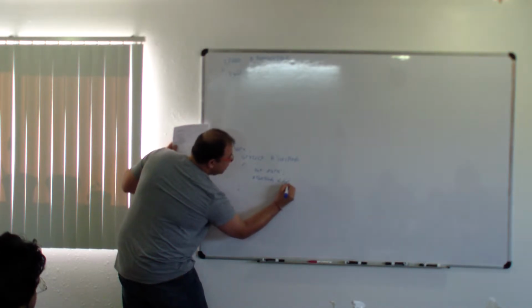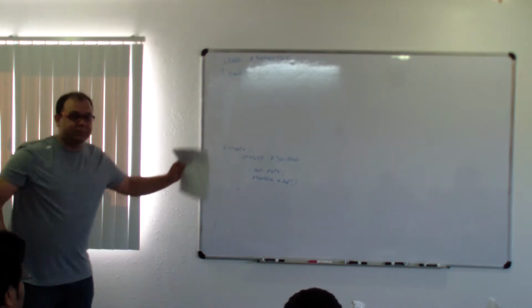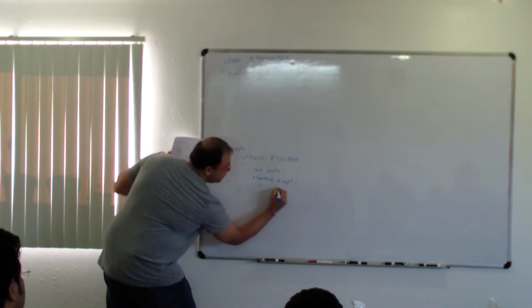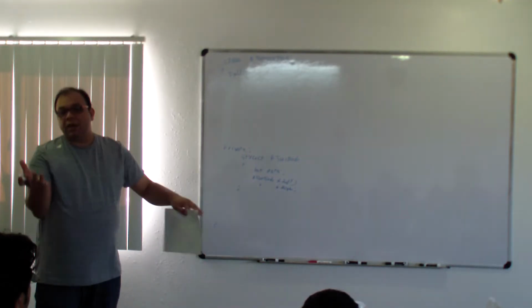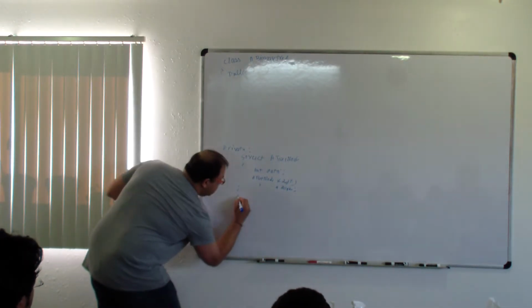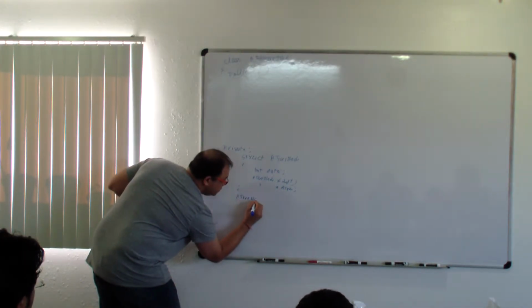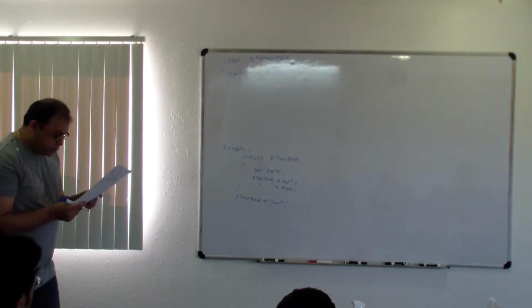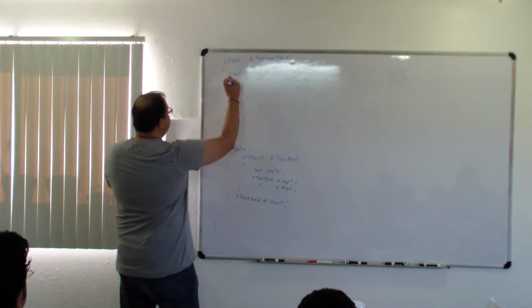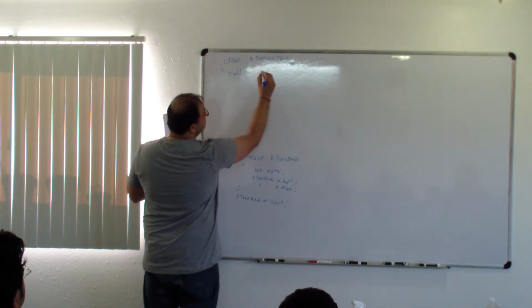Again, you are defining the structure. I'm defining the entire class, so I'll write the whole thing. We need to have a root node, so we will define a tree node star root. That's the root, and we will define the constructor and destructor.